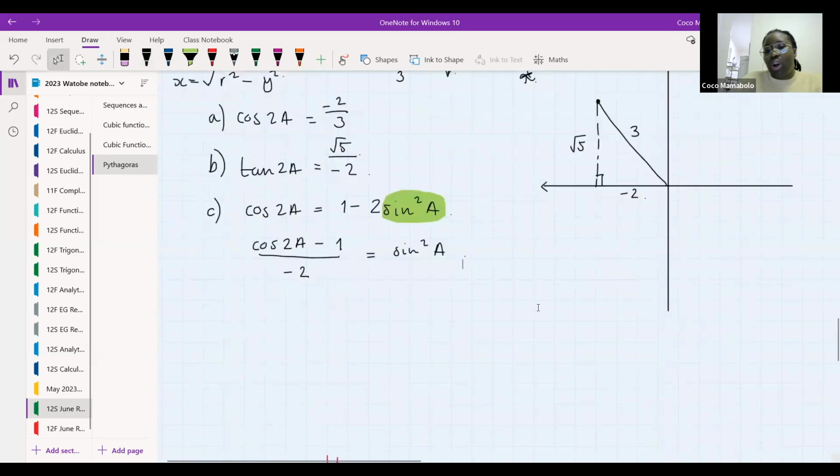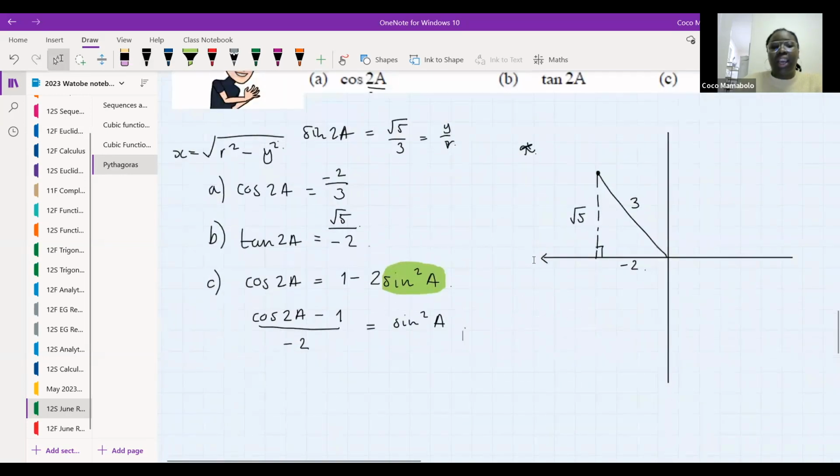And then if I want sine of a, I have to take the square root of both sides. Square root that side, and we get rid of the squared there. So my sine of a will then be equal to cos 2a, which we've already calculated.